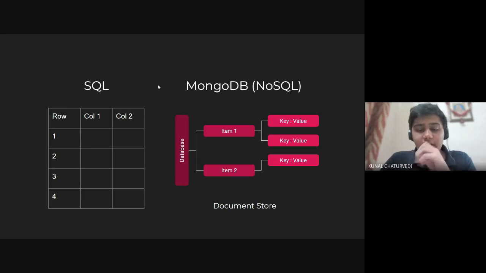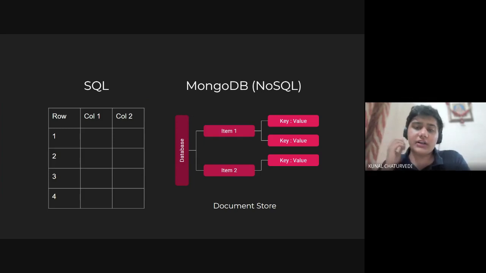On the right hand side, we have the MongoDB structure. It is a document store. Even in NoSQL, again, we will not be able to go into a lot of database theory and every sort of classification of database. We are short on time for that. So MongoDB is a NoSQL database, which is a document store, which again comes inside of one type of NoSQL database.